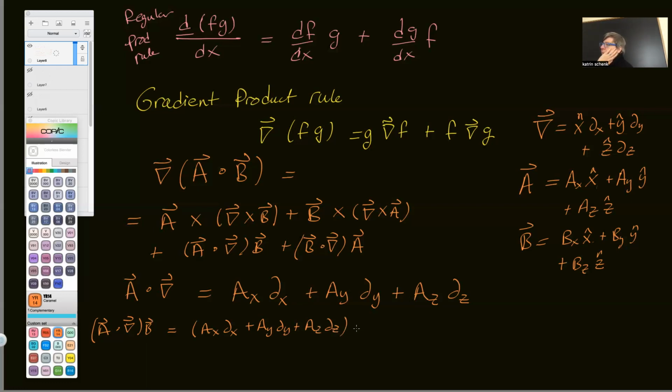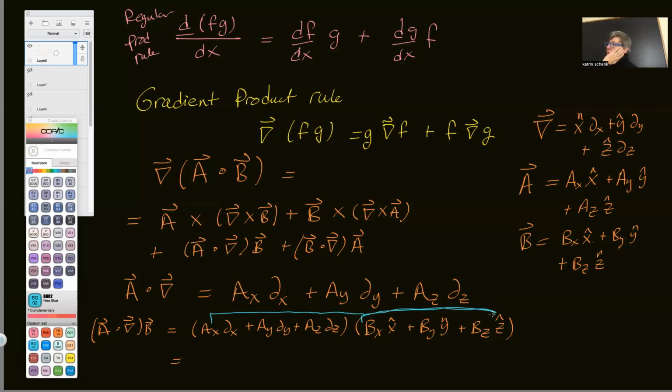And then we have the B vector, B_x x hat plus B_y y hat plus B_z z hat. And now there's no dot product here. You literally have to just apply each one of those derivatives to each one of those components. So let's look at the first term here. I'm going to do a little kind of FOIL here where we're going to apply this first thing to this whole business.